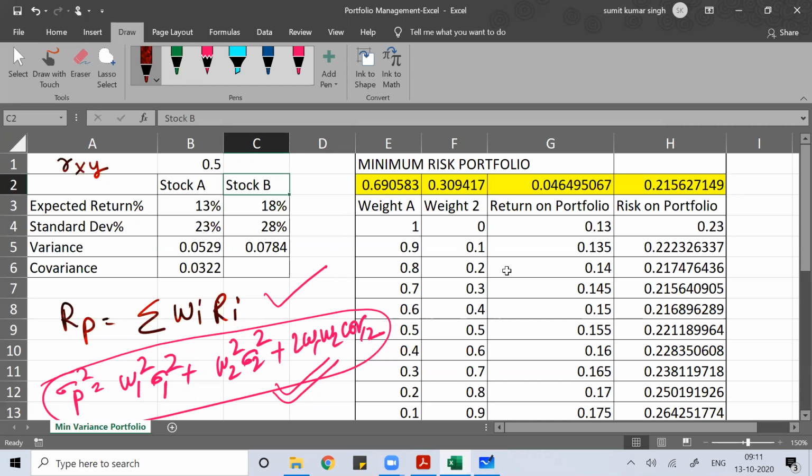I can put any amount of money in stock A and the other part in stock B, and thereby make sure that the total risk on my portfolio is minimum.